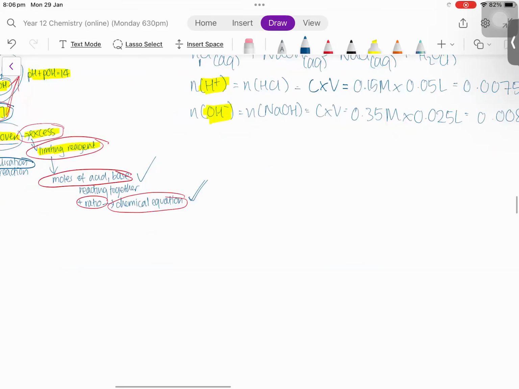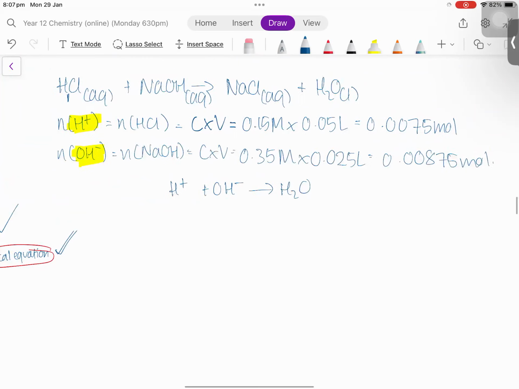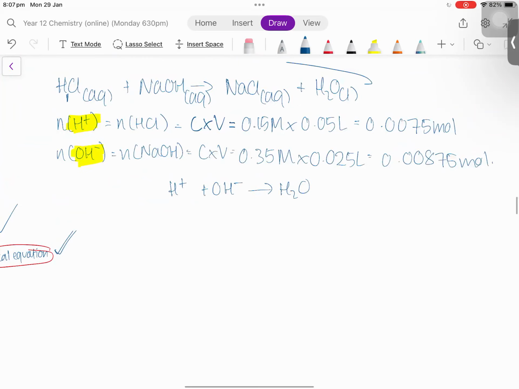Now I need to figure out my limiting reagent. So it's a 1-to-1 ratio. H plus plus OH minus turns into H2O. So this is the overall equation, but then when you break it down, it's this particular component of the acid and the base that react together. So this is always a 1-to-1 ratio. So the limiting reagent is just the smaller number, yeah?